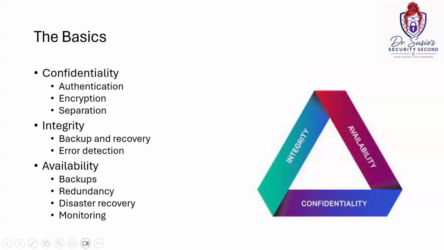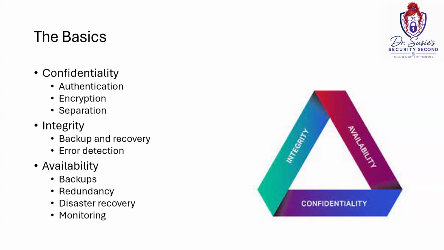Now, when we talk about cybersecurity, we use controls as ways to reduce risks to something that's more acceptable. When we talk about confidentiality, different controls that we can put in place to protect confidentiality are authentication. This means that you are the person who should get the information. Authentication helps us verify that.